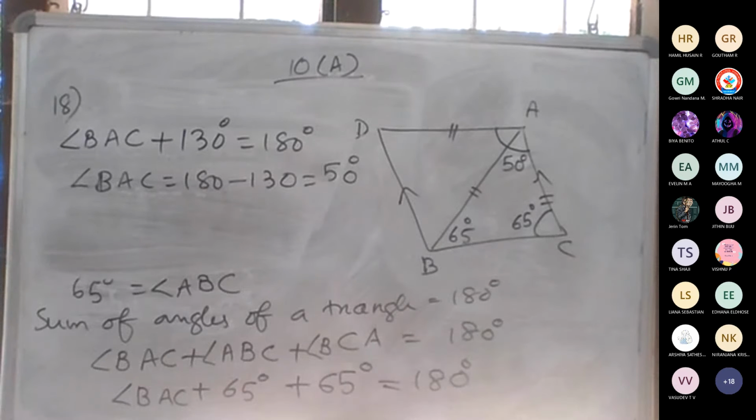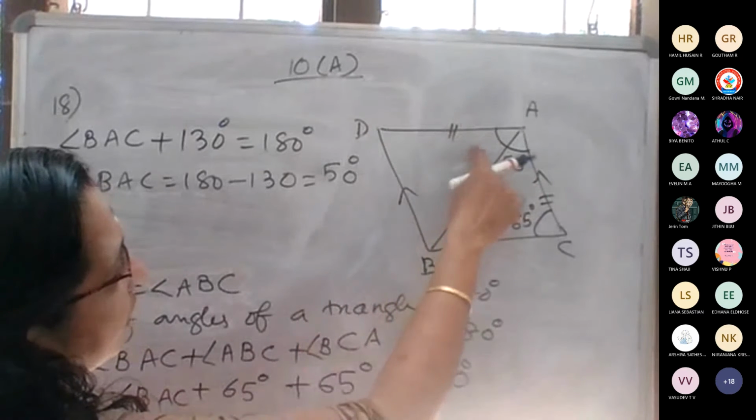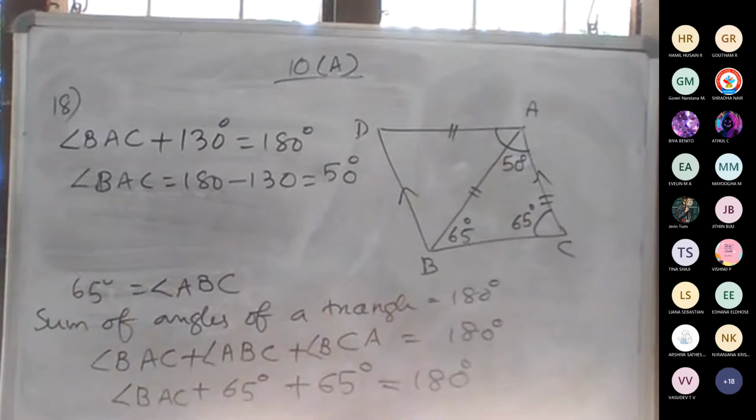Or, given AB is equal to AD, from there we will get the value of DAB. If we get DAB, then we can add that value to 50.